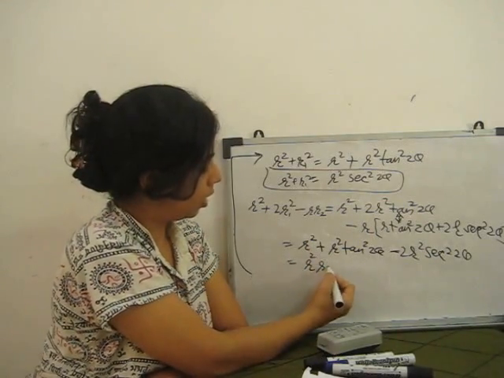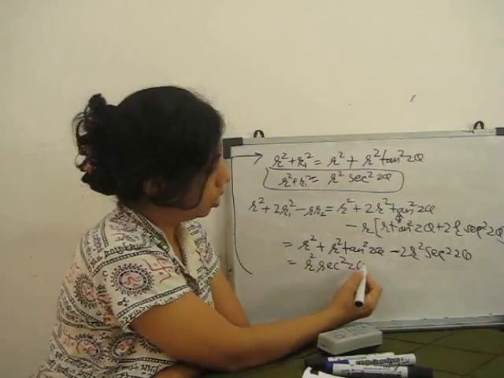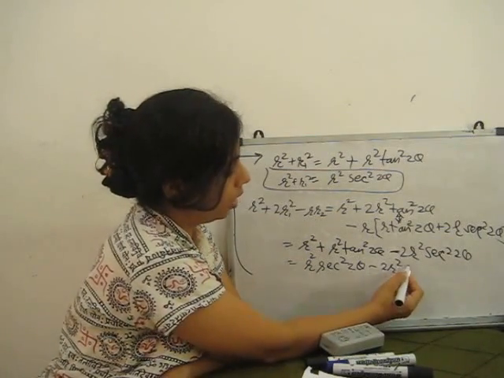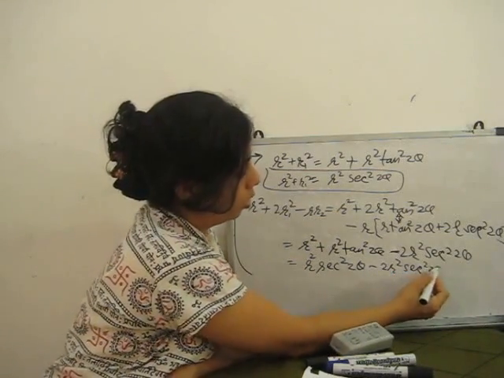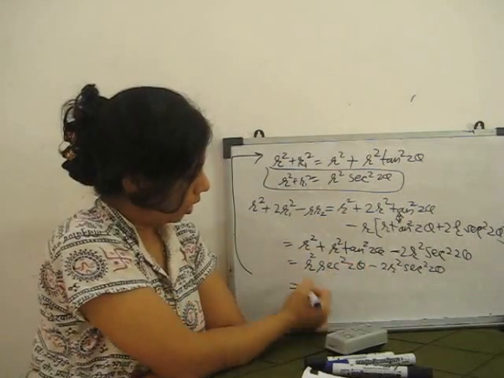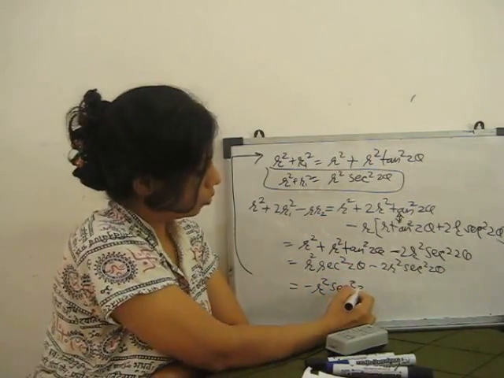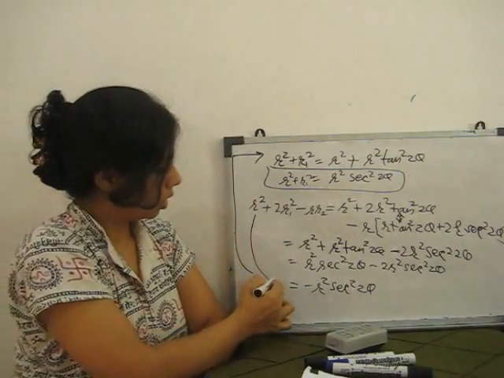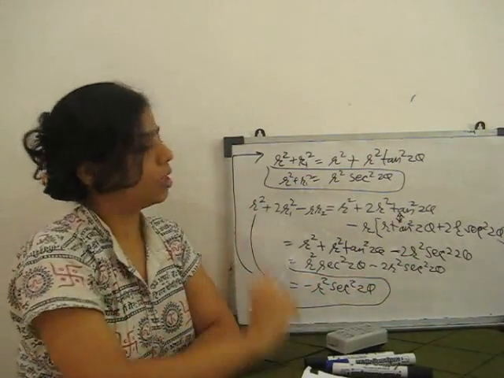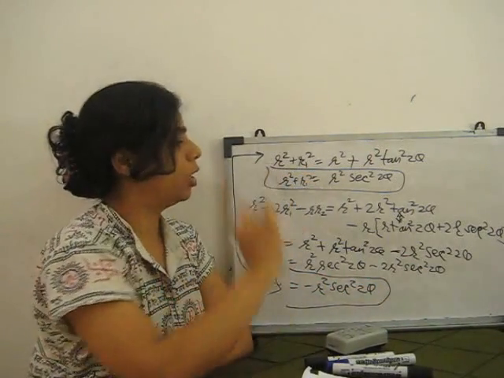So r square sec square 2 theta minus 2 r square sec square 2 theta gives minus r square sec square 2 theta. This is our denominator and the earlier term is our numerator.